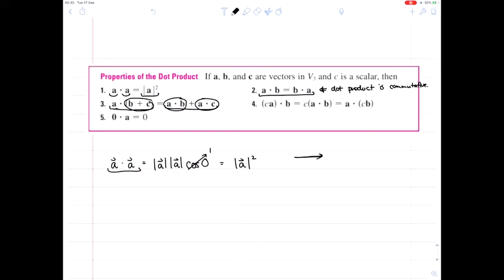And similarly, if you're scaling some vector and then dotting it with another vector, you can also just take the scalar out, do your dot product first, and then scale. Or in fact, you could scale the second one by the same amount and then do your dot product. And finally, if you take the 0 vector and dot it with any vector, you end up with 0.